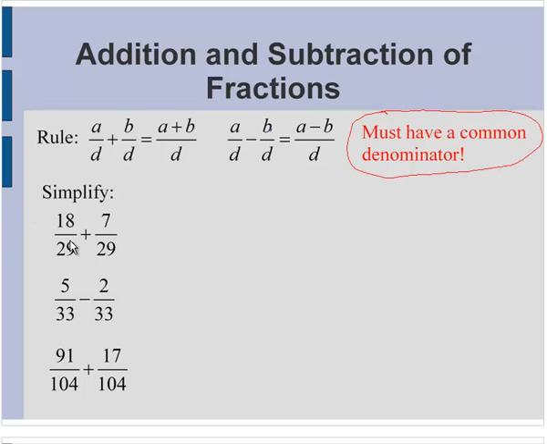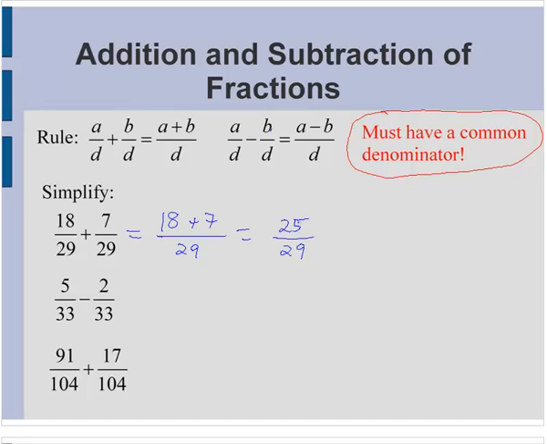So, for example, if we had 18 over 29 plus 7 over 29, that's the same as 18 plus 7 all over 29, which simplifies to 25 over 29.